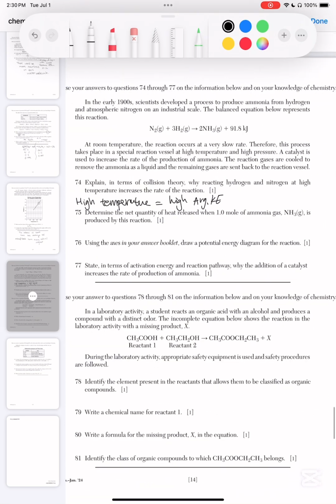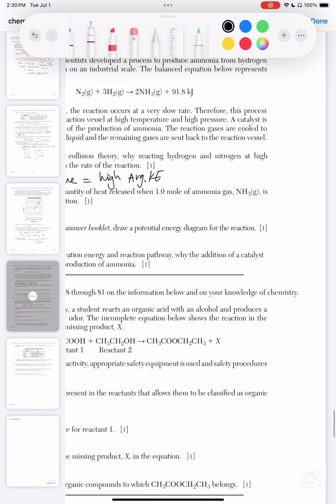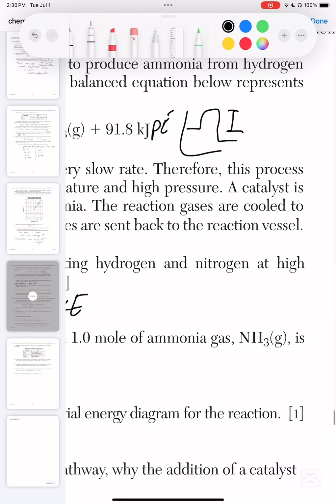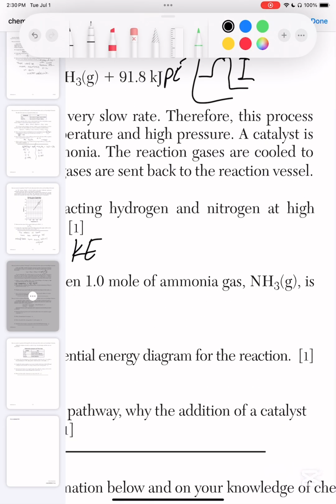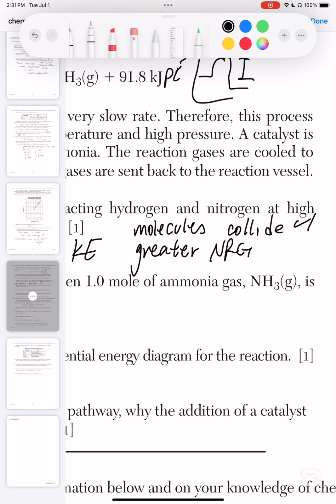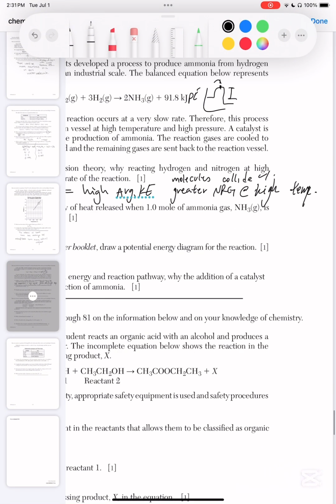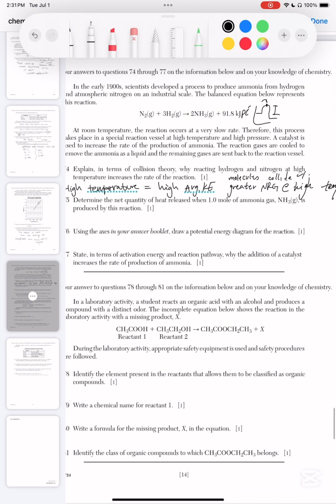So when molecules have more energy, they collide with more energy and have more effective collisions. That makes sense. Because at high temperature, they have high average KE, which makes them able to collide more with proper energy and orientation, which then increases the rate of reaction, because reaction only happens when molecules collide with proper energy and orientation.